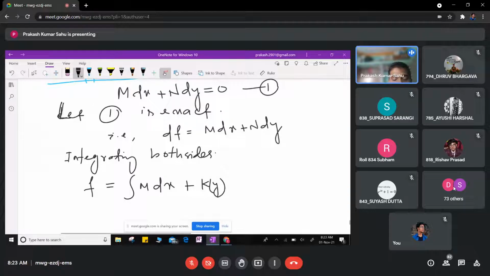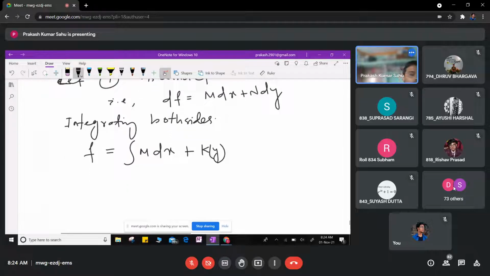So here we are integrating with respect to x, and y is a constant. So the integrating constant contains y. That is why I am writing k of y, a function of y, because here y is a constant.